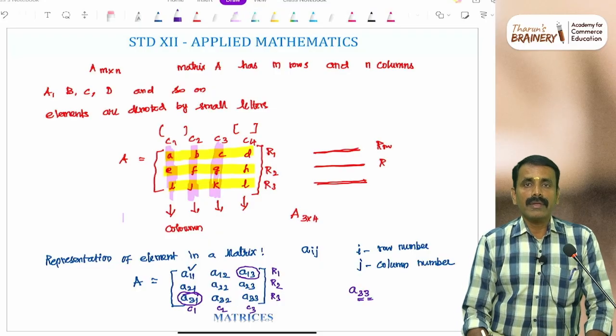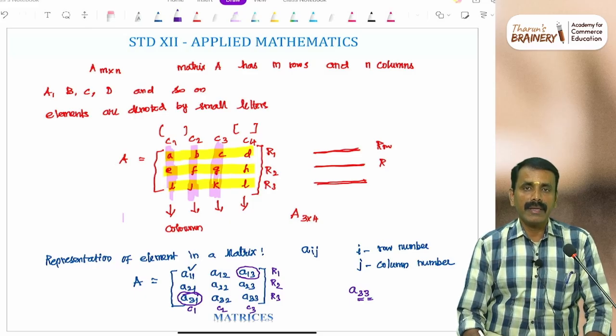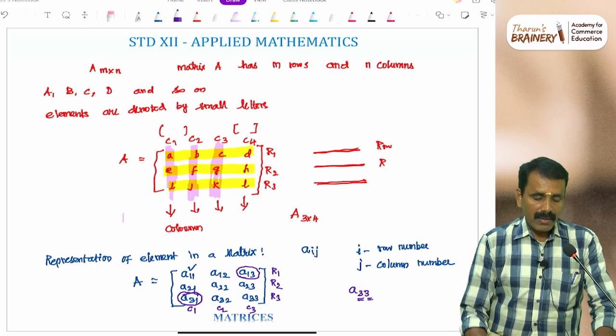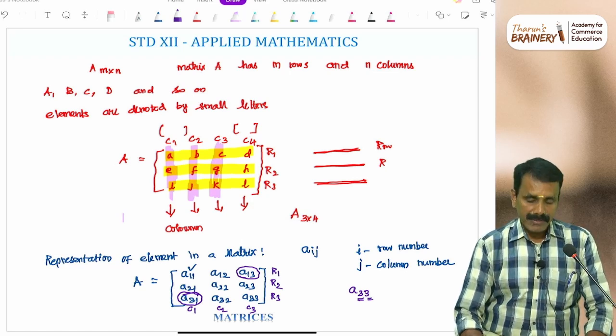If a matrix has m rows and n columns, then the order is m by n. Based on the order of the matrix, we classify matrices into different types.